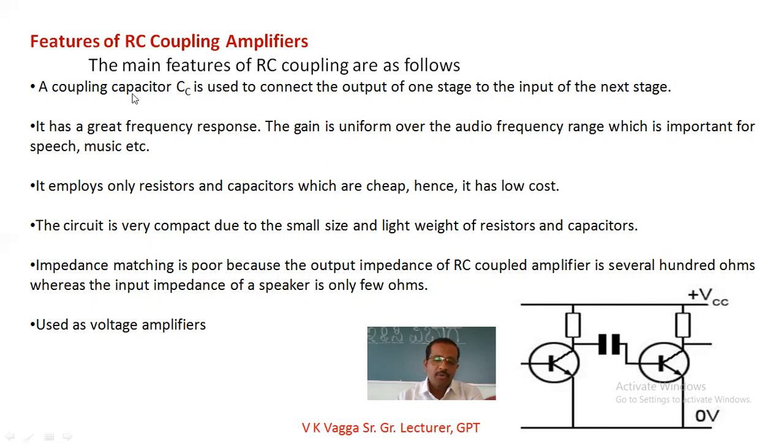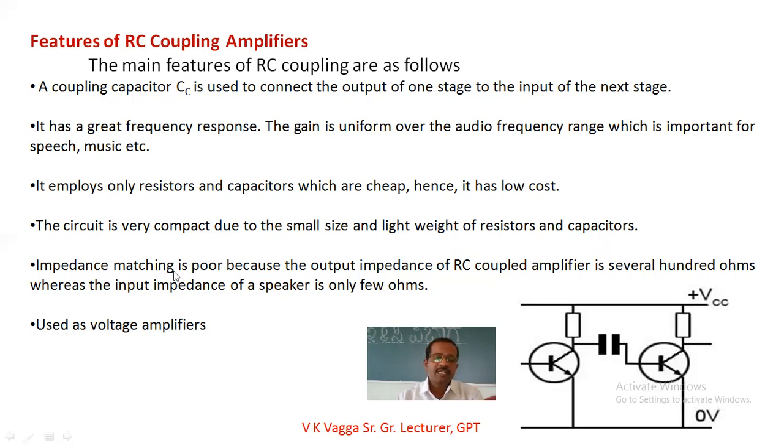Okay, so I'm going to repeat again. If you take the features of the RC coupling, it is going to make use of the coupling capacitor in order to connect the output of one stage to the input of the next stage, and it has a great frequency response. So the gain is uniform over the audio frequency range, which is important for speech, music, etc. And it is of low cost and small size, because it makes use of only a resistor and a capacitor.